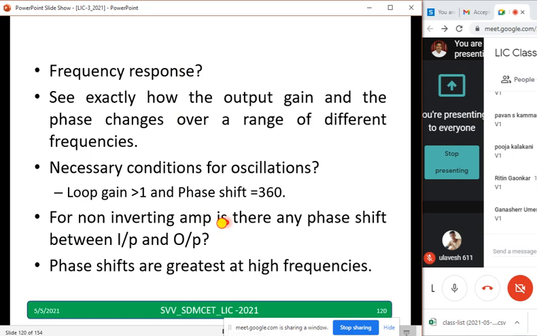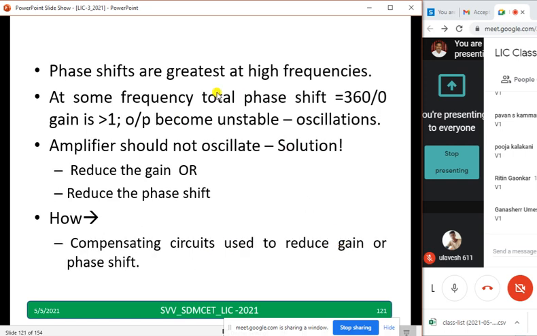And for a non-inverting amplifier, an additional phase shift will be there, even for inverting also. And usually phase shifts are greatest at the higher frequencies. This one point please try to remember. At some frequency, when the total phase shift becomes 360, and I am using the op-amp for more than one gain, automatically loop gain is more than 1 and phase shift becomes 360.